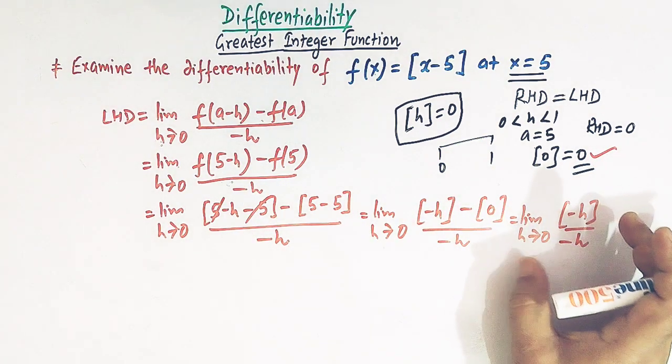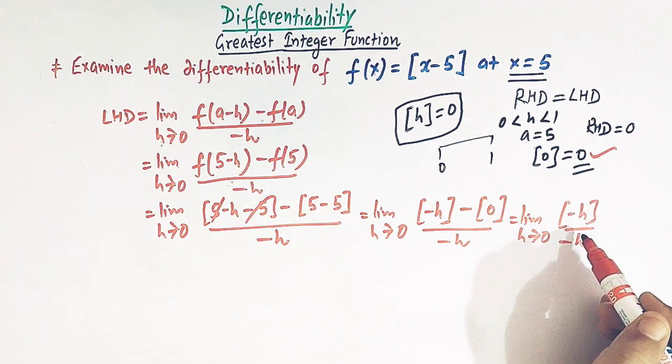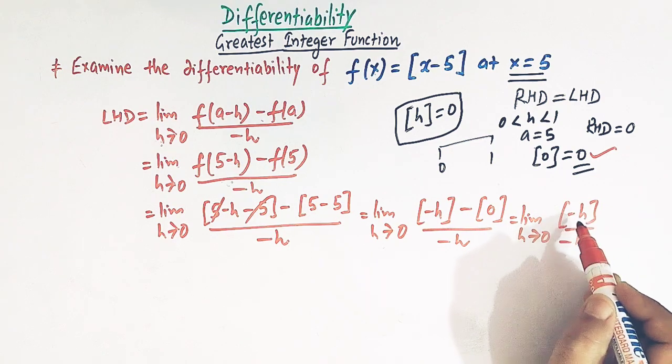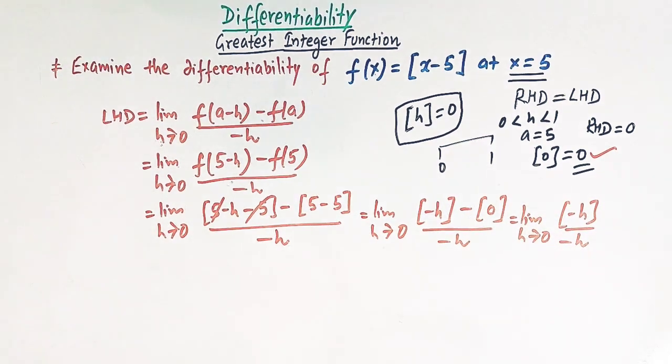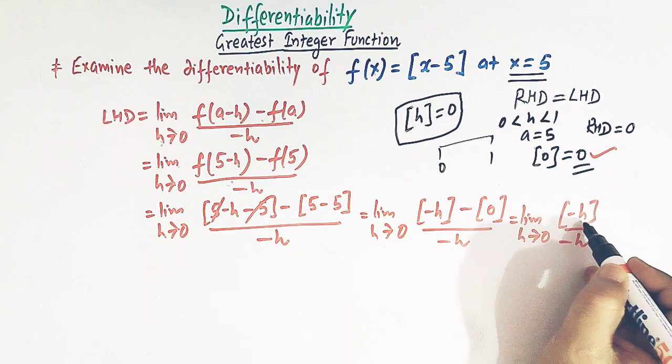Now our aim is to find the value of this limit, and we see that here we have greatest integer of minus h, so we have to take care of this term.